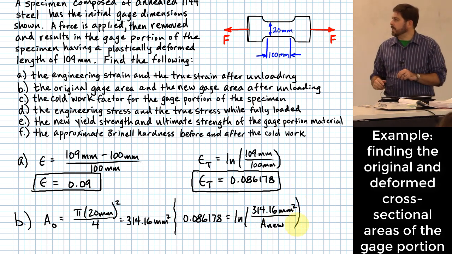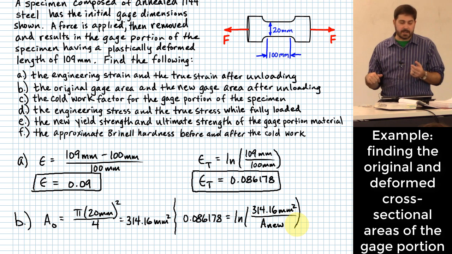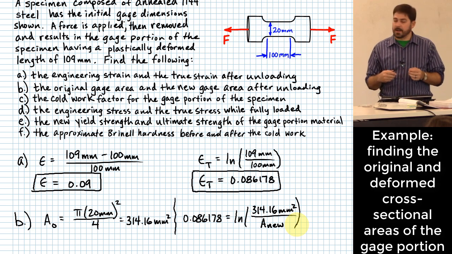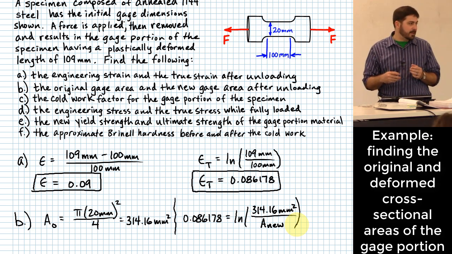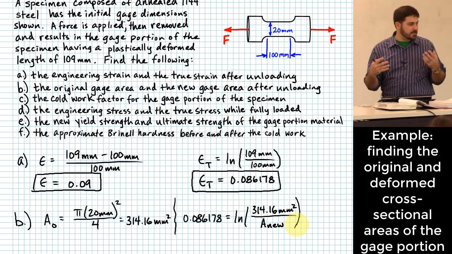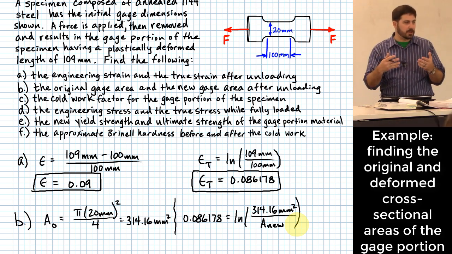And again, I don't want to waste too much time on things you already know how to do, but you can plug that into your calculator. Most of you have calculators that do single variable solutions. You can plug that in and find that area. My only bit of advice is make sure that you're picking an initial guess for the area that's not too far out of bounds, because the log function can be a little bit sensitive to what exactly you plug in.